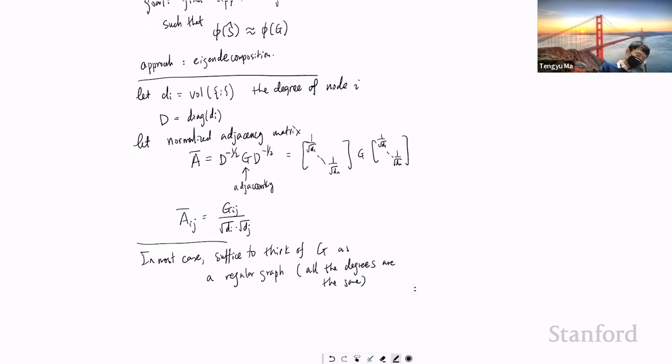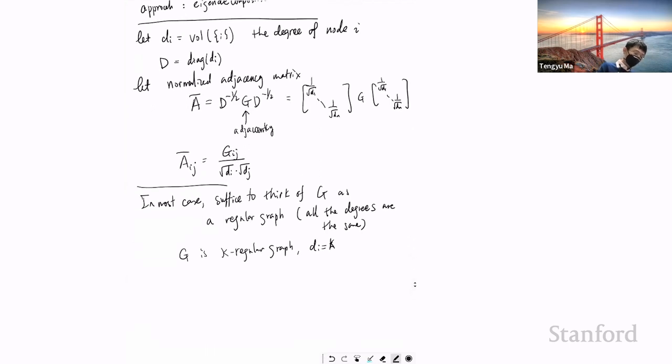Suppose G is a kappa regular graph, meaning di equals kappa for every i. Then the normalized adjacency matrix is just 1 over kappa times Gij. So in some sense, you really didn't do much except change the scaling.